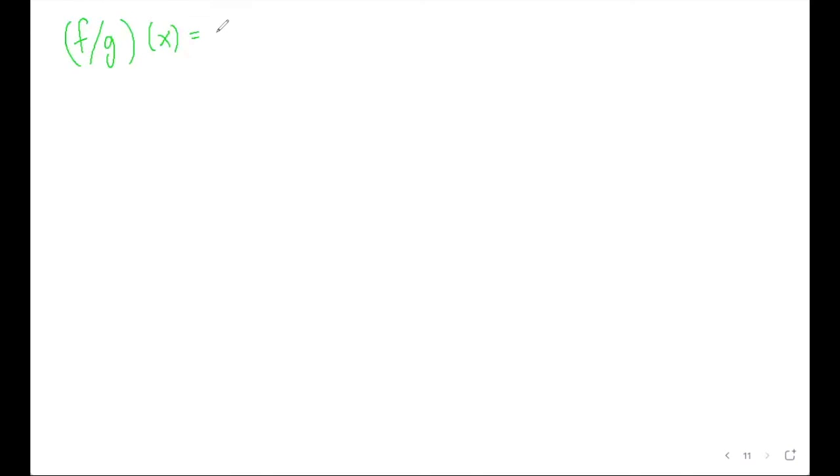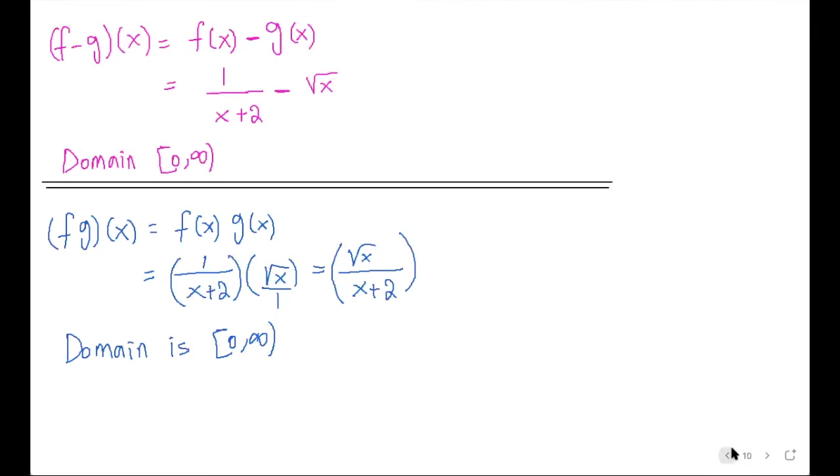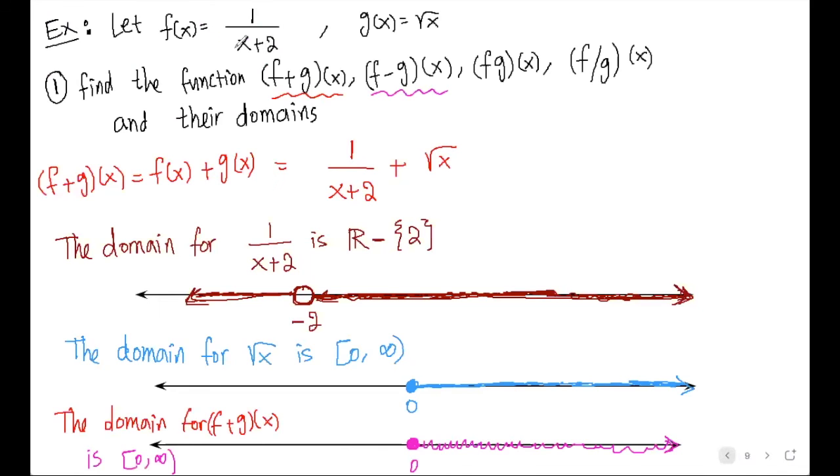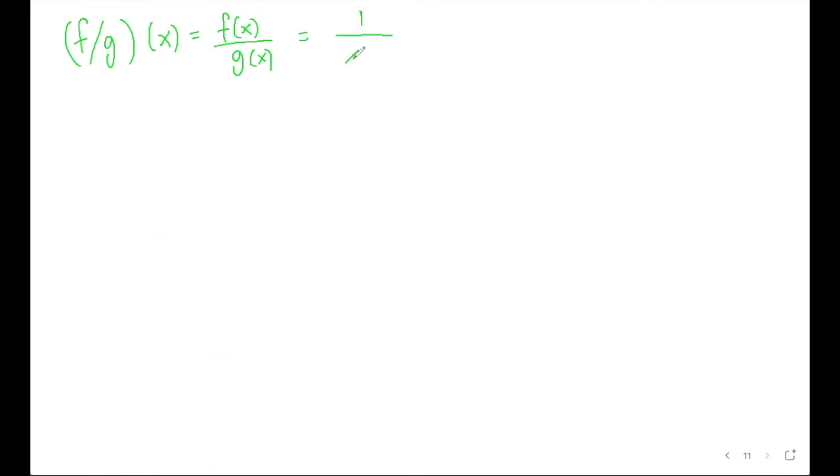What is that equal? f of x over g of x. So again, what is f of x? From before, f of x, this function, is 1 over x plus 2.